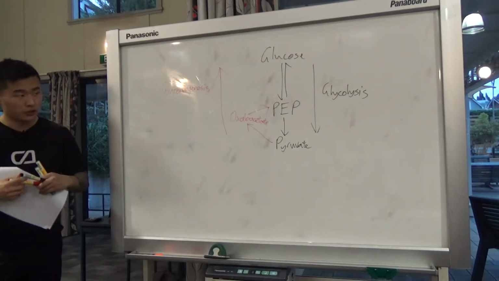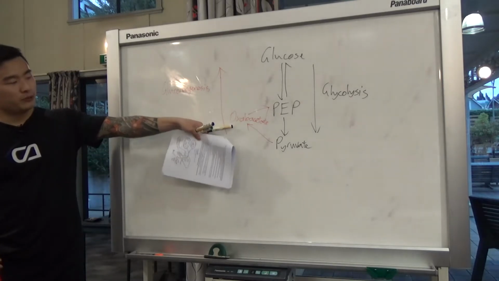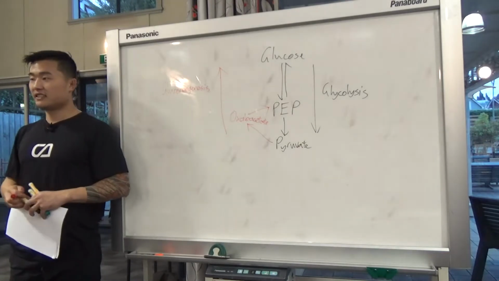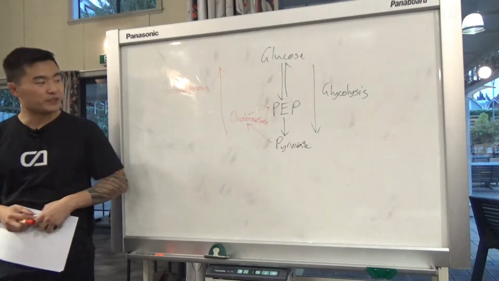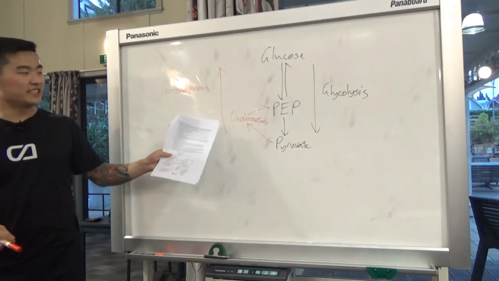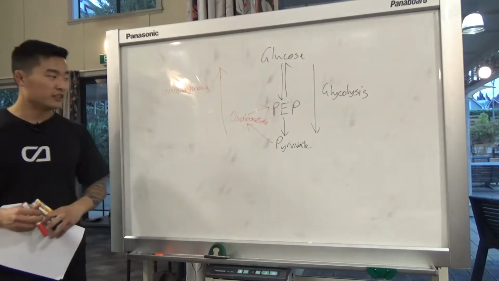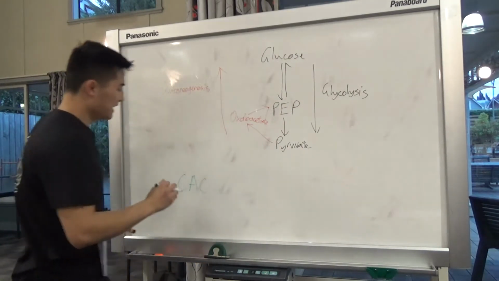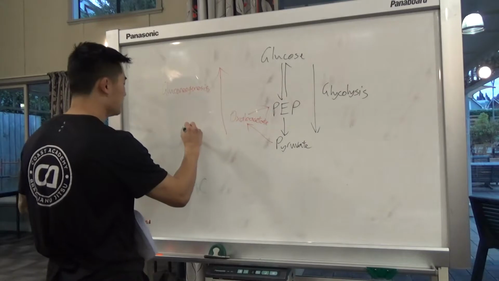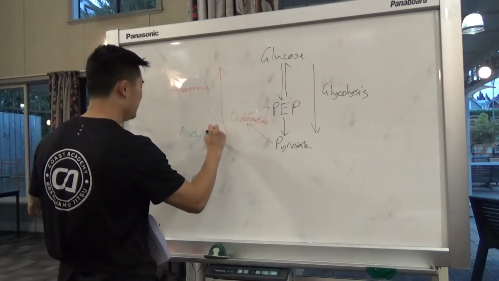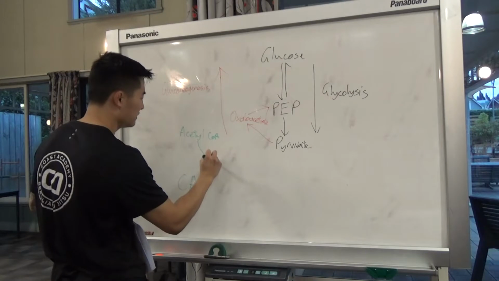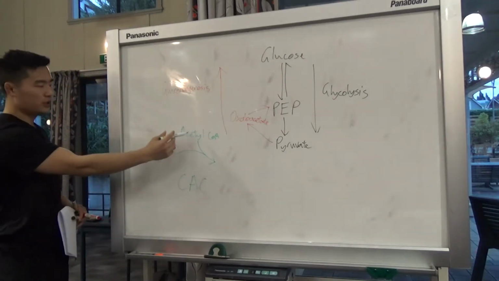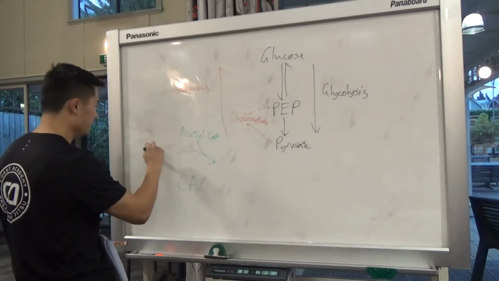Okay, so do any of you remember where we've seen oxaloacetate before? So it's part of the citric acid cycle. So if you remember the citric acid cycle, you've got acetyl-CoA, and it's joining with, so this is a 2-carbon molecule and it's joining with a 4-carbon molecule.